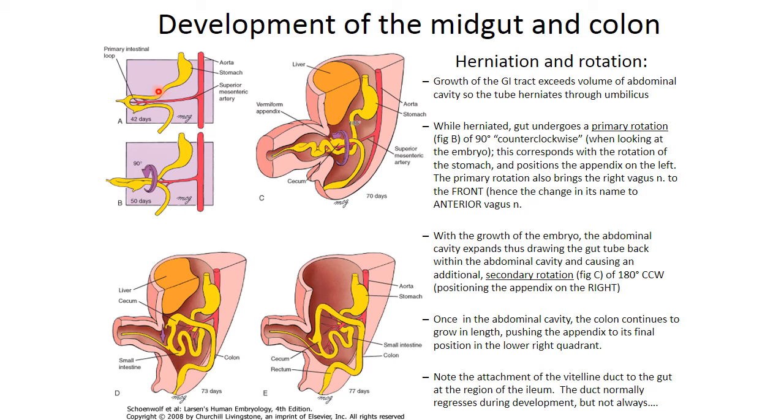The axis of the rotation is the superior mesenteric artery. So along the axis of the superior mesenteric artery, this is showing you 90-degree counterclockwise rotation.